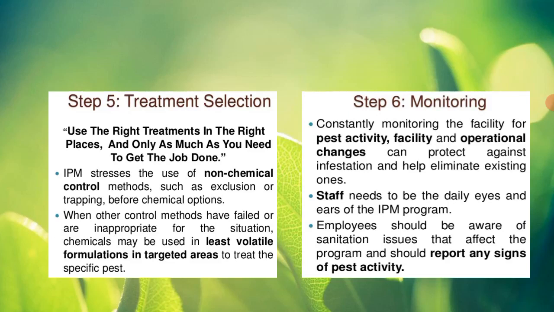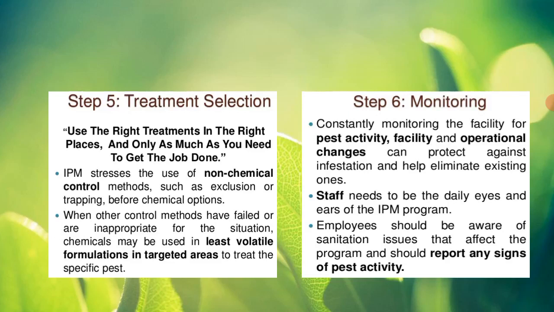Use the right treatments in the right places and only as much as you need to get the job done, because excessive use of chemicals or pesticides can harm our plants and our products also. So we should use these treatments only wherever needed.